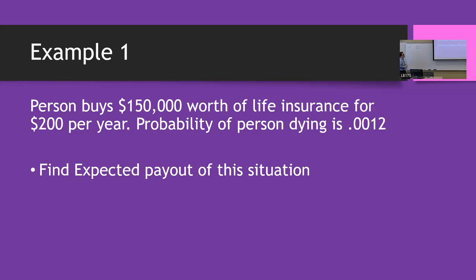The probability of that person dying is 0.0012. Find the expected payout of this situation. And then it also is going to ask us for the expected profit in this situation. How much is the insurance company making on average? All right.